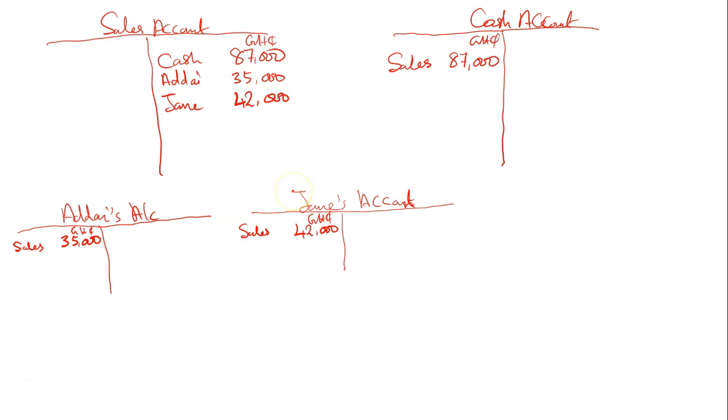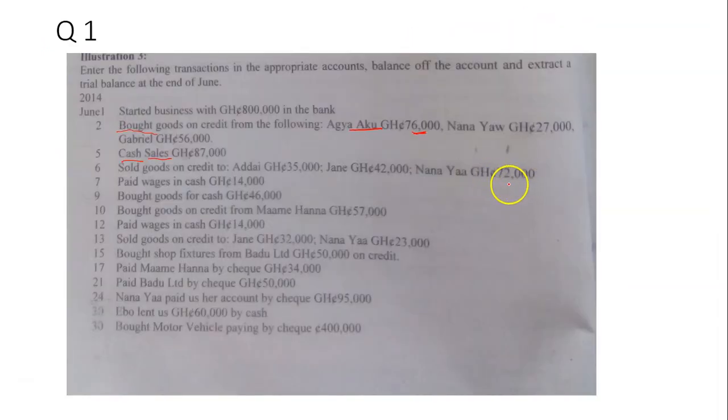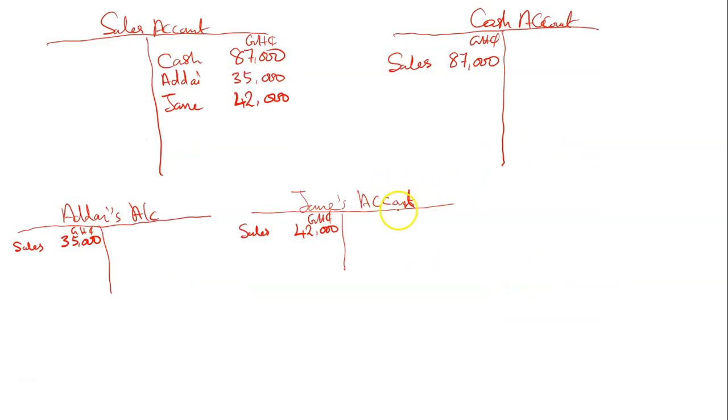So let's proceed to the next person. 72,000 Ghana cedis. So we'll create Nanaya's account. Now, you sold goods on credit to Nanaya, so it means that Nanaya's account is increasing. So because her account is increasing, we are going to debit Nanaya's account 72,000. So we create Nanaya's account.